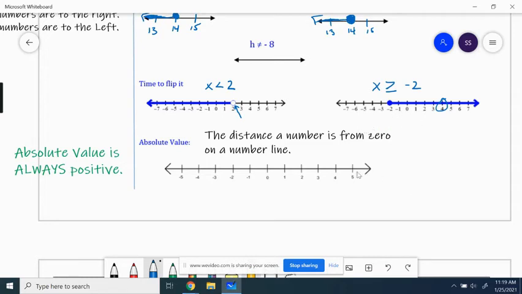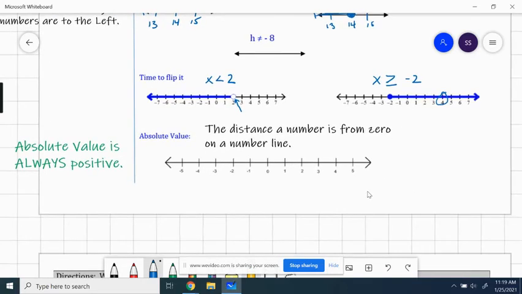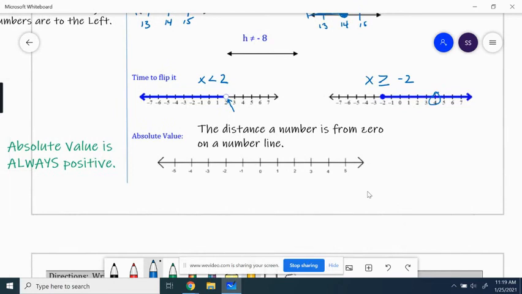All right, moving on. We're kind of squeezing absolute value into this because absolute value is really easy. It's just the distance a number is from 0 on a number line, and distance can't be negative, right? If you're driving in reverse, you're not going negative distance, okay? So the key to remember here is that absolute value is always, always, always positive.